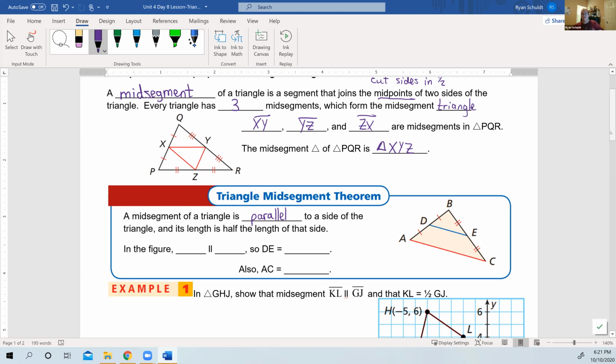So if we look at this picture here, DE, which is our midsegment, is parallel to AC. That means that DE is 1/2 of AC, or we could also say that AC is 2 times DE.